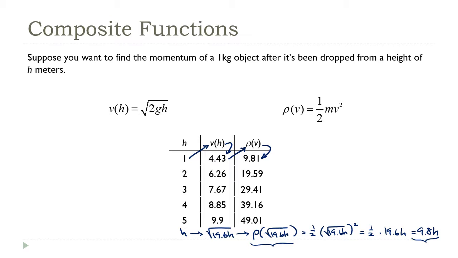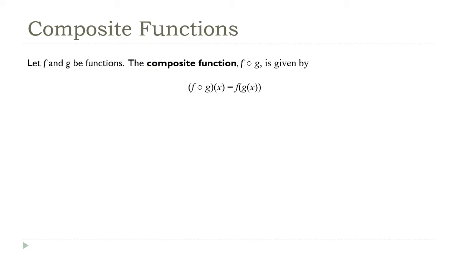This is what we're talking about when we talk about function composition. I'm taking one function and putting it into another one and getting a new function as a result. So here's how we write this. This big open circle here means composition.